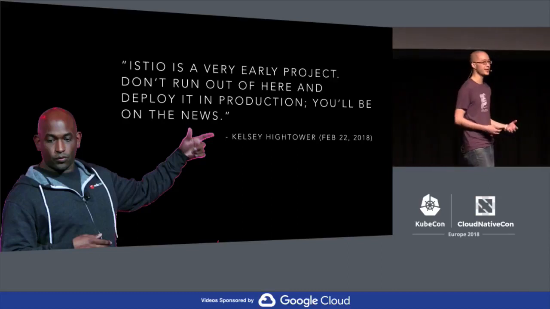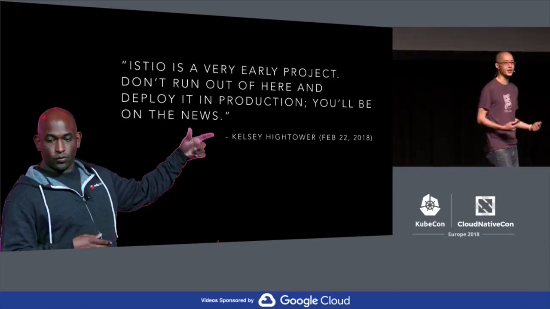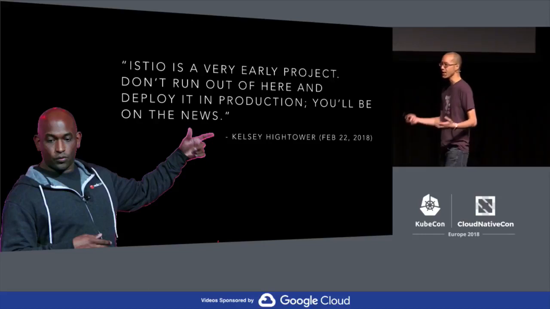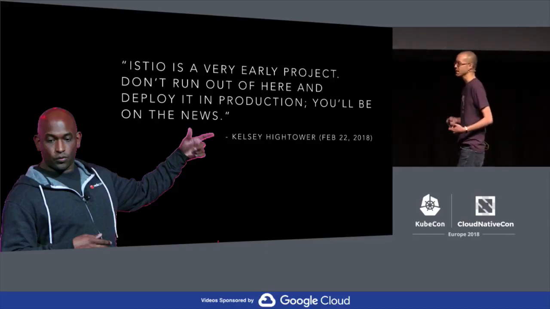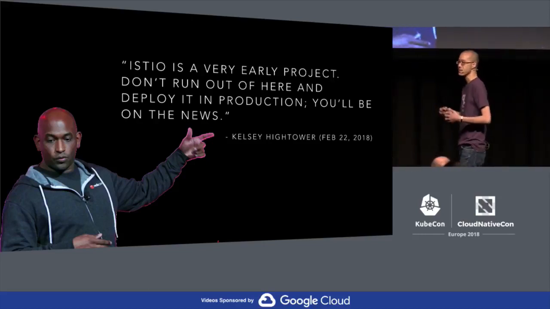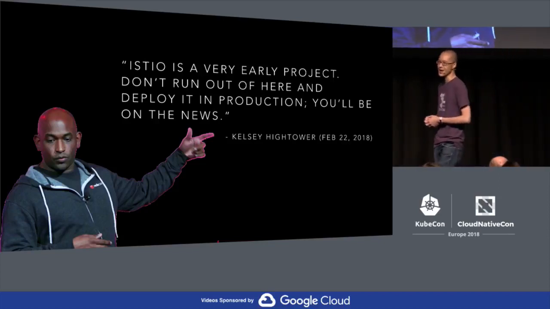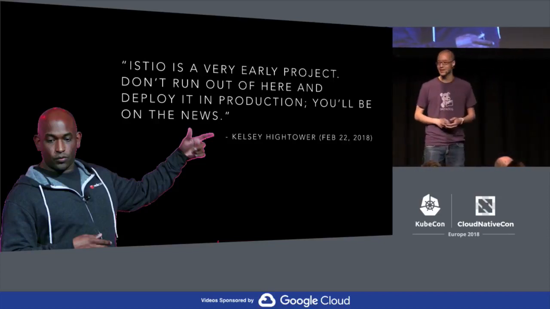I mean, if you're like me, you heard about it and you're like, I've got to try this thing out, and you went and you played with it. Don't run out of here and just throw it in production. Obviously, we want everybody to try to use Istio, play with it, explore it. There's no other way that we're going to get feedback and have the community keep contributing to it. But if you just throw it in production, bad things will happen. It's still alpha and very new.